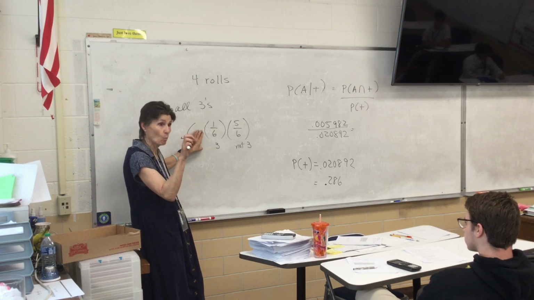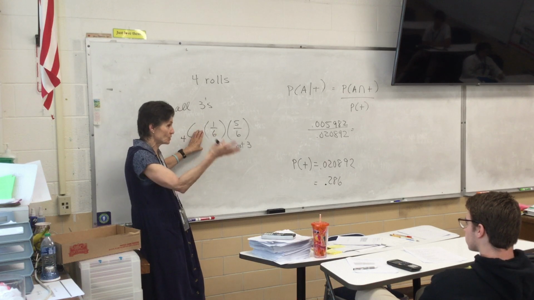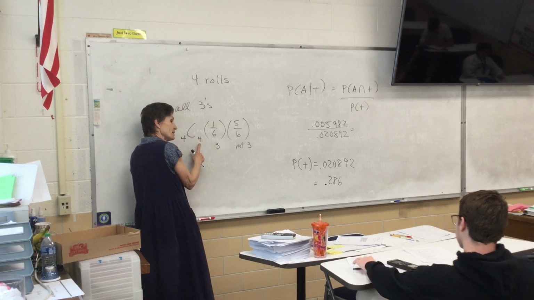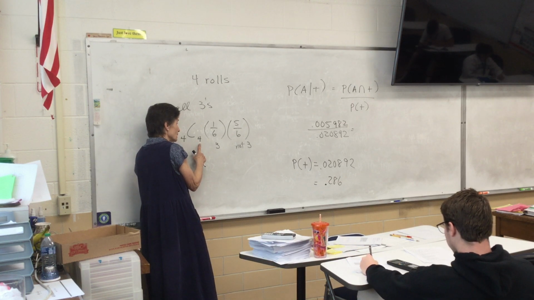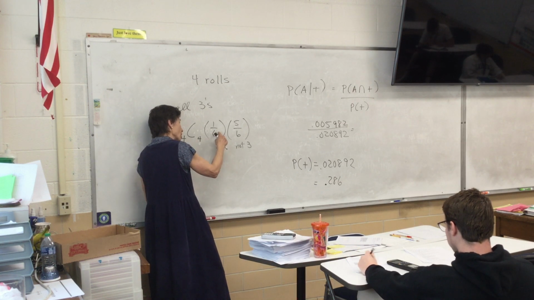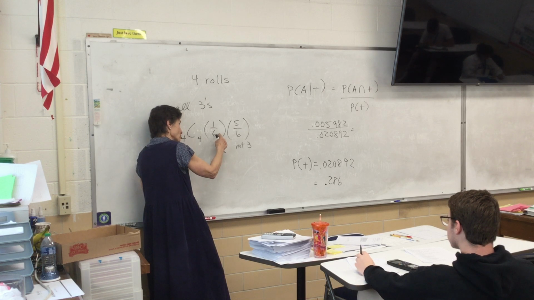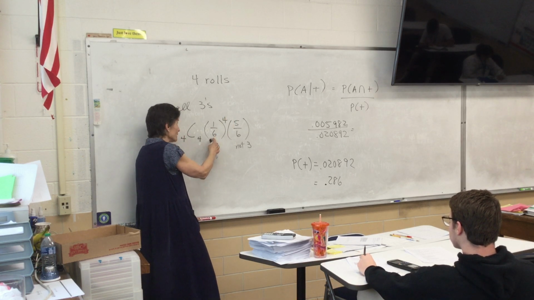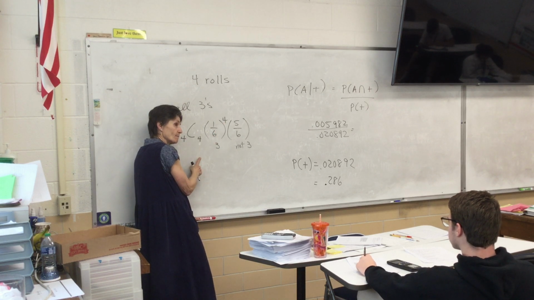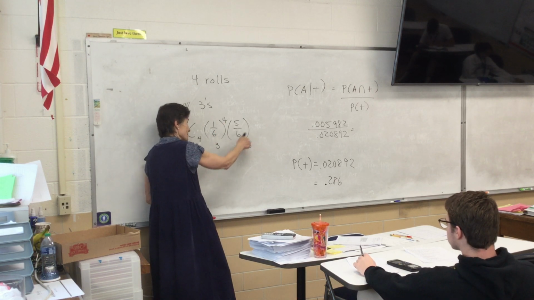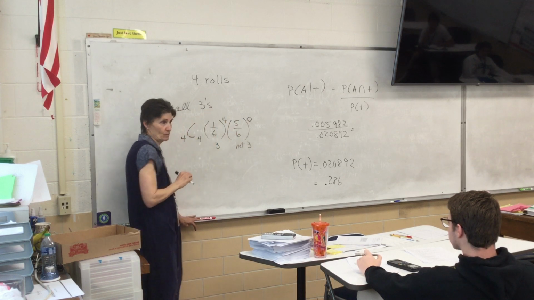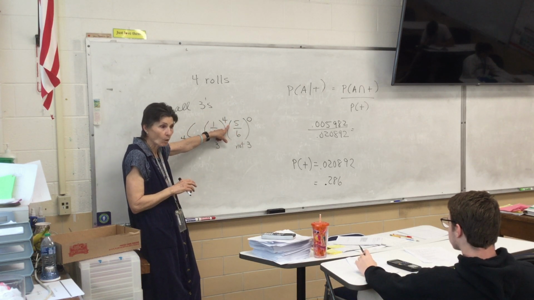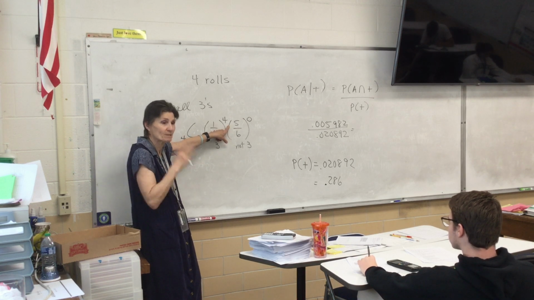This is how many I want of what I want, which in this case is 3s. If they're all 3s, then the power on the first part, my first probability, is going to be 4. Because that's the 1/6 probability, and I want 4 of those. I don't want any of these. 0 of those. I want all 4 to be 3s.